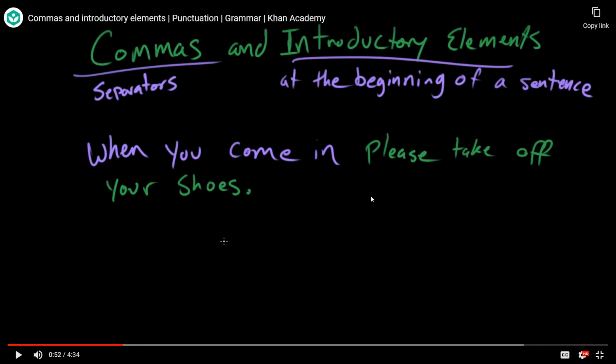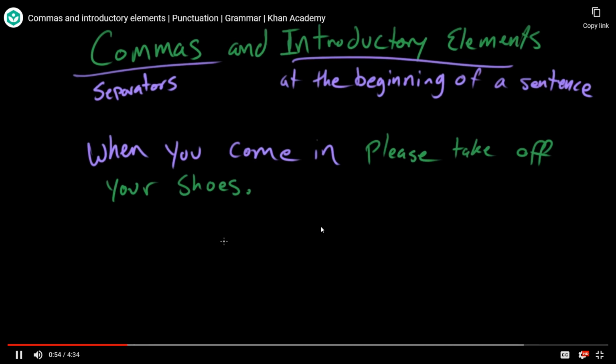Okay? It needs something else. So it's a dependent clause. It depends on something else to help it become a sentence. And that's where the other part of the sentence comes in. So when you start a sentence with a dependent clause like this, something that needs another part of the sentence after it, you need to write a comma. And they're going to talk a little bit more about that right now.